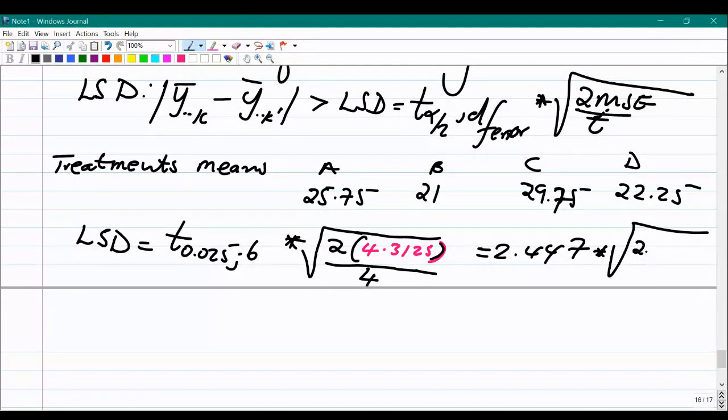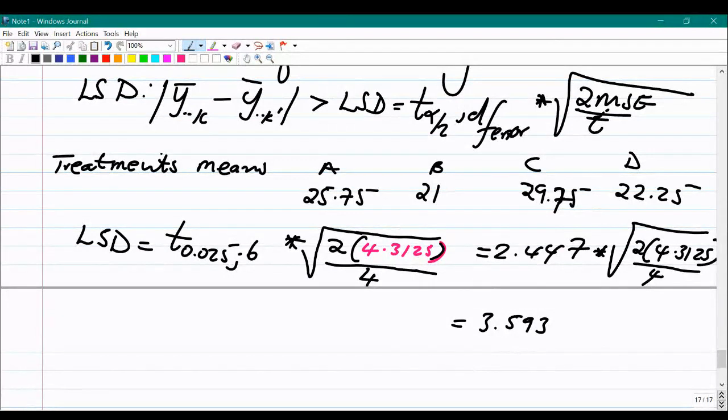What are you getting when you multiply everything now? 3.593. Do the pairs now.